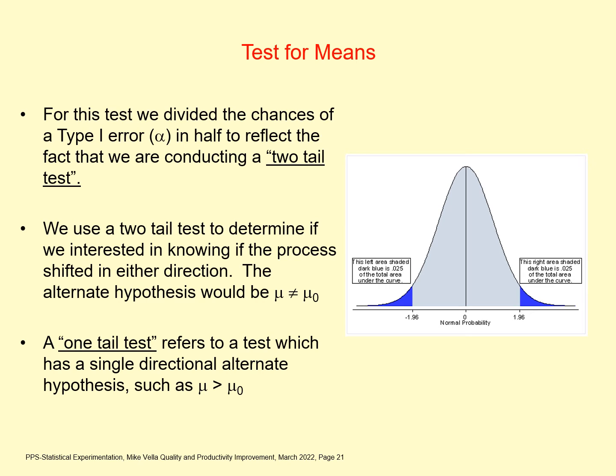The alternate hypothesis would be that mu, the new process mean, is not equal to the old process mean. A one-tailed test refers to a test which has a single alternate hypothesis, such as the new mu is greater than the old mu, the initial mu.